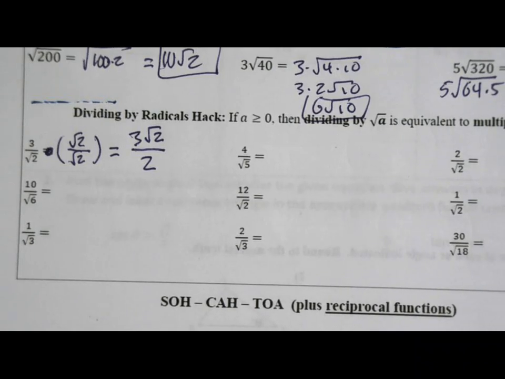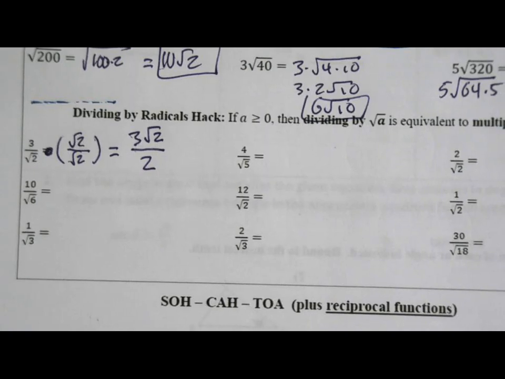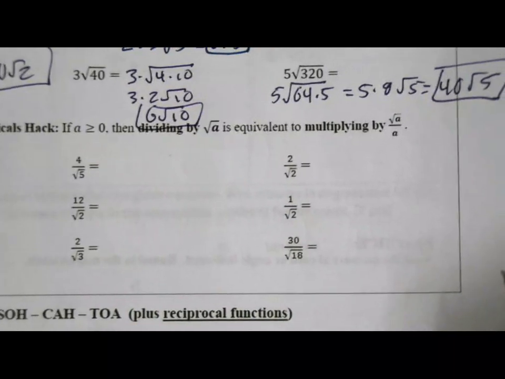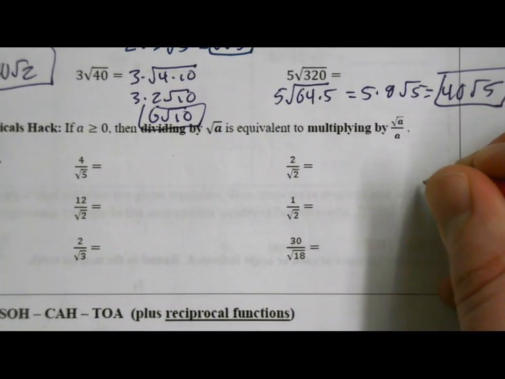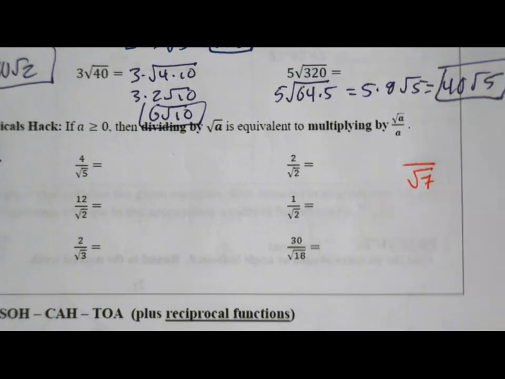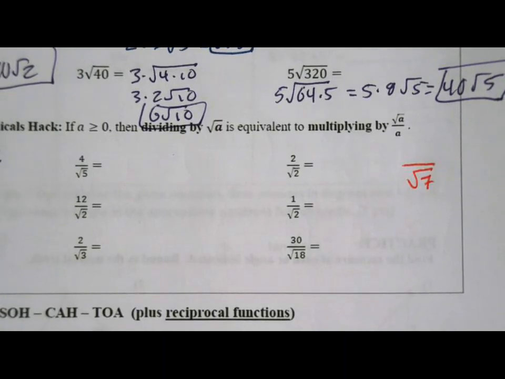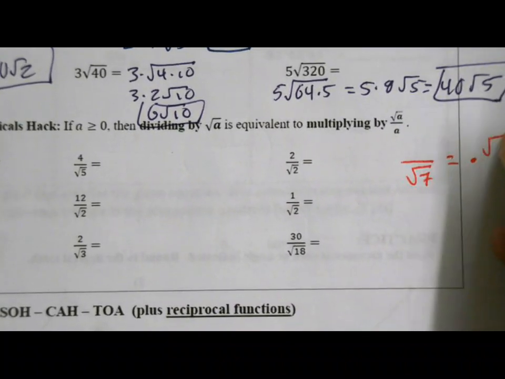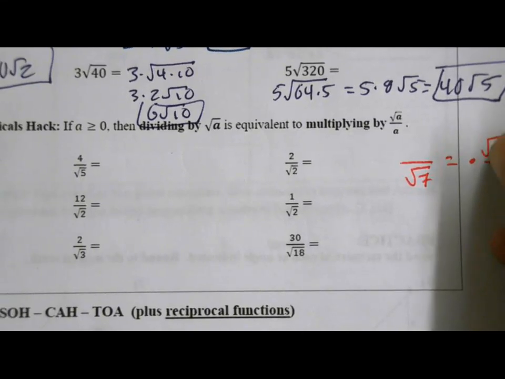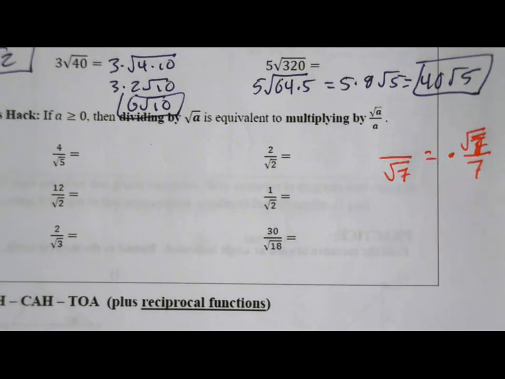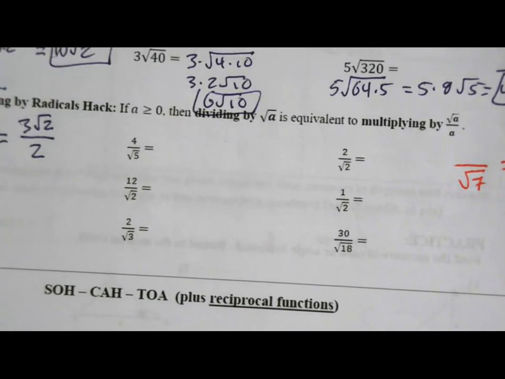Okay, so it turns out that as long as a is not 0 or a negative number, when you go to divide by a square root of a or the square root of anything, so let's say I'm dividing by the square root of 7. Dividing by the square root of 7 is the equivalent to multiplying times root 7 over 7. Dividing by the square root of 5 is equivalent to multiplying by root 5 over 5. Dividing by the square root of 2 is equivalent to multiplying by root 2 over 2.